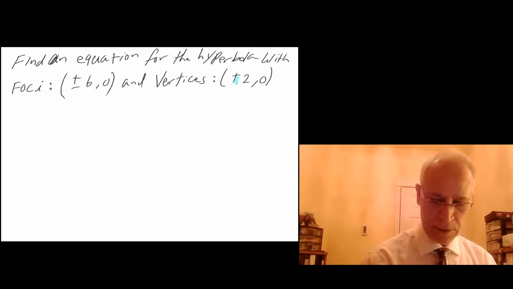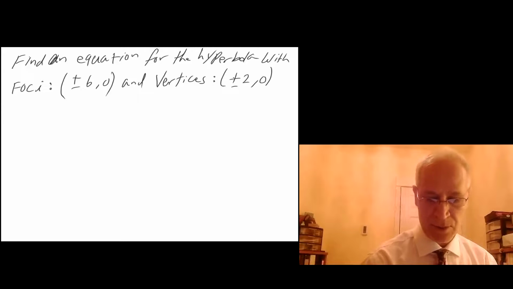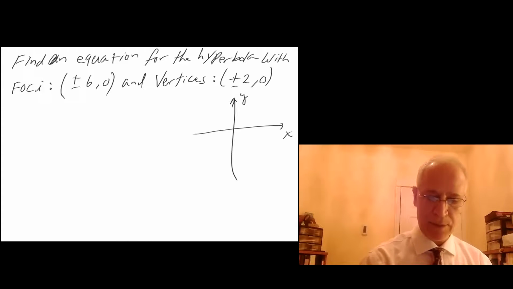And first thing I'm going to do for myself, I'm going to do a rough sketch. So if this is x and this is y, notice that the vertices are at plus and minus 2, comma 0.